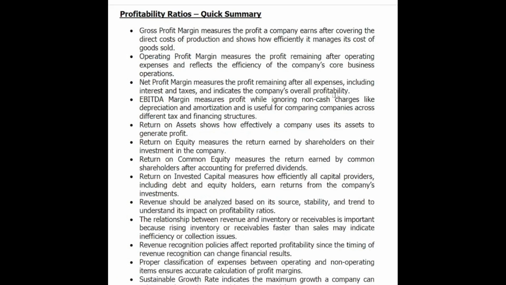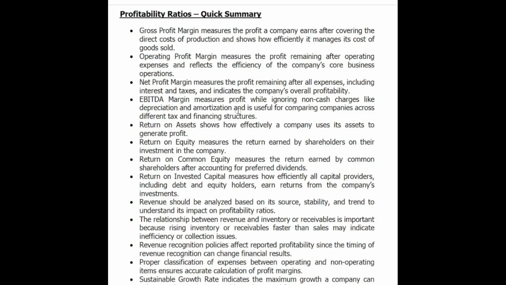What we discussed today is the profitability ratios, including some important ratios like gross profit margin, which measures the profit a company earned after covering the direct cost of production and shows how efficiently it is managing the cost of goods sold. The operating profit margin measures the profit remaining after all operating expenses and reflects the efficiency of the company's core business operations.